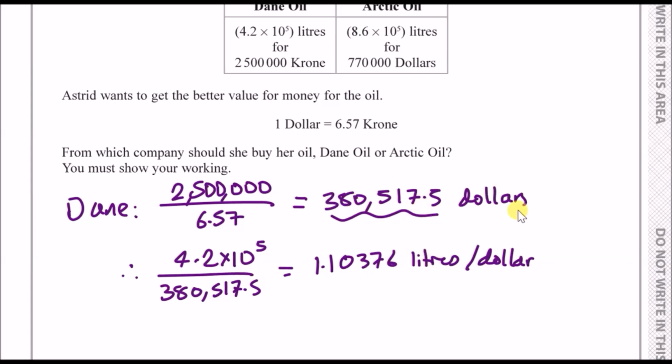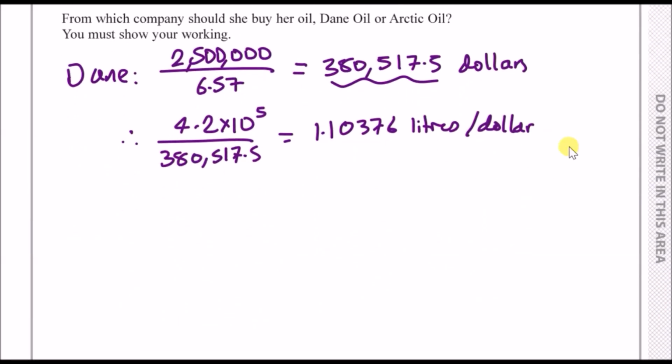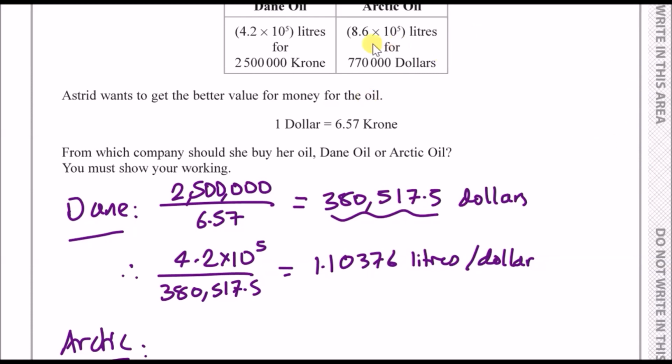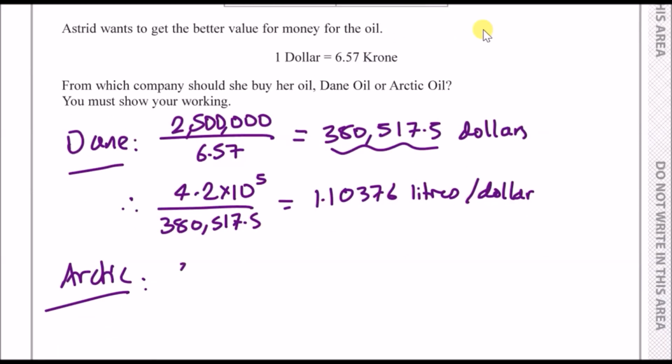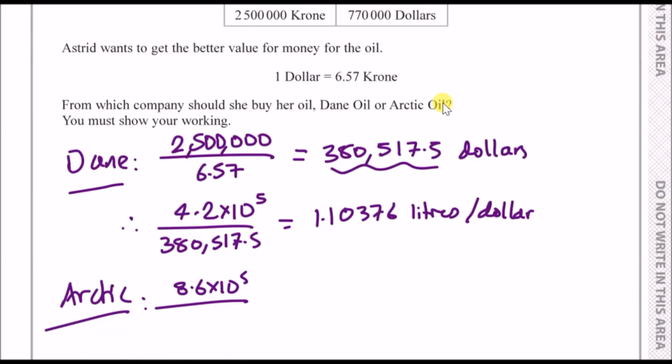Now, we repeat the same for Arctic oil, yeah? So for the Arctic case, because we're already working in dollars, we can go ahead and divide these two values. So 8.6 times 10 to the power 5 divided by the cost, which was $770,000.